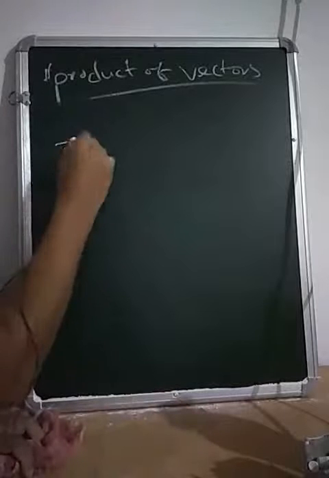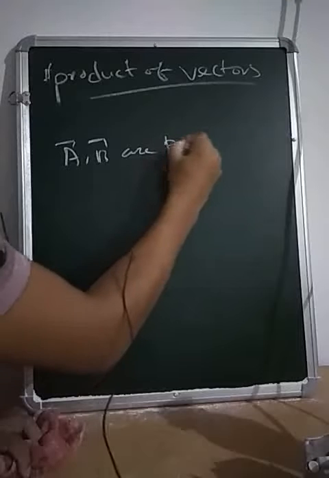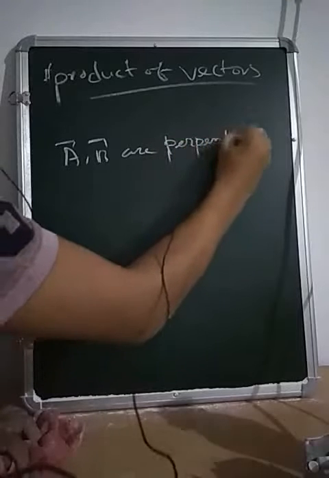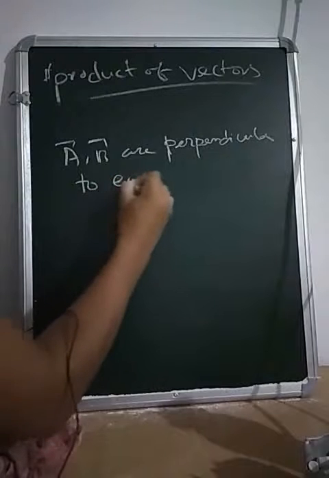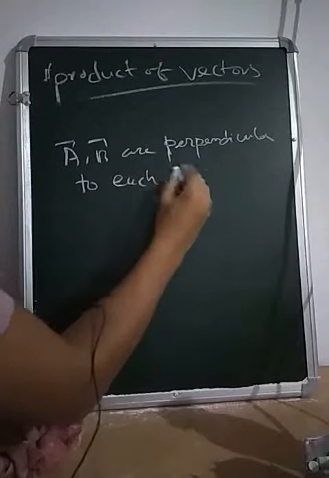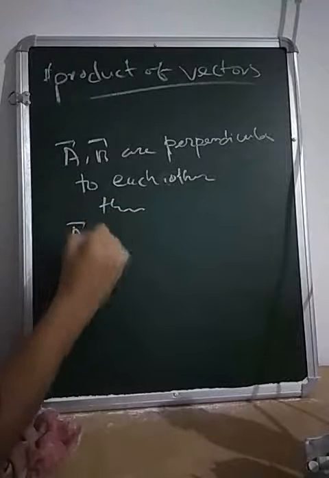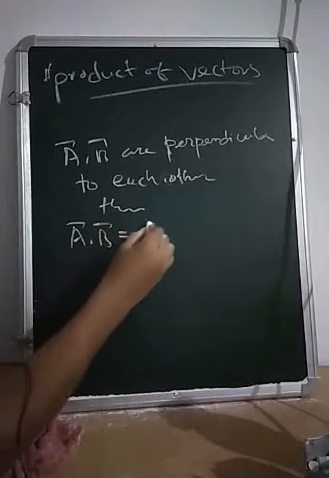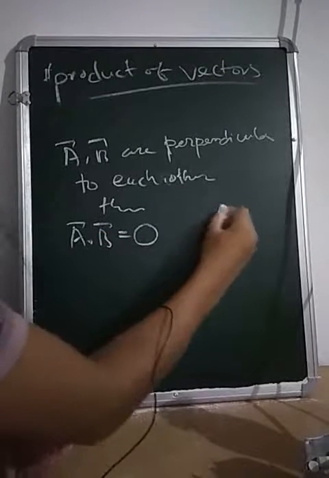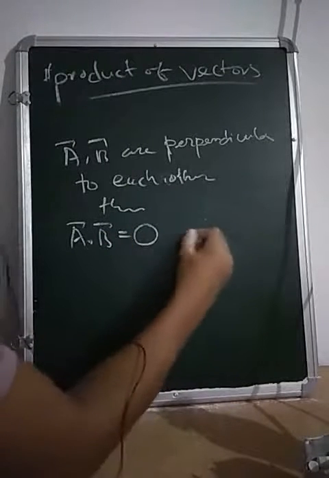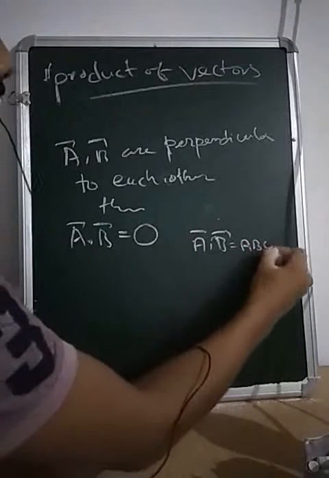If two vectors A and B are perpendicular to each other, then the dot product A dot B will be 0, because A dot B means A B cos theta.